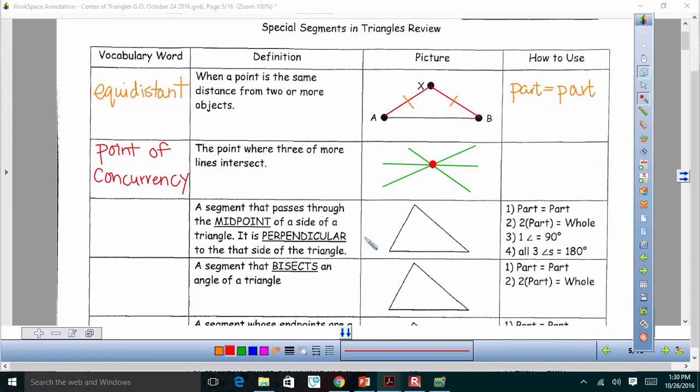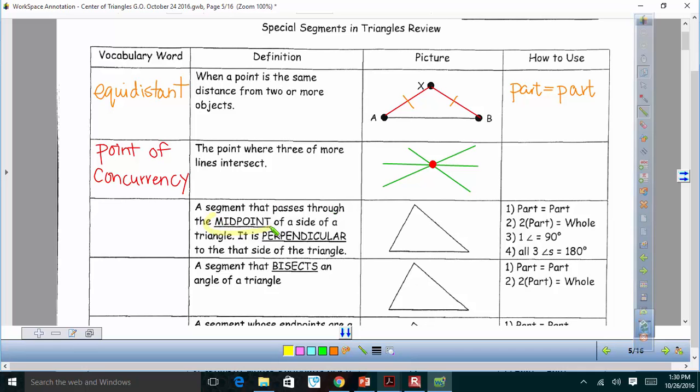Okay? Now, let me finish reading the definition, and then we can answer. A segment that passes through the midpoint of a side of a triangle and it's perpendicular to that side of the triangle. So it has to go to the midpoint and split the side into 2 equal pieces, and it's perpendicular.